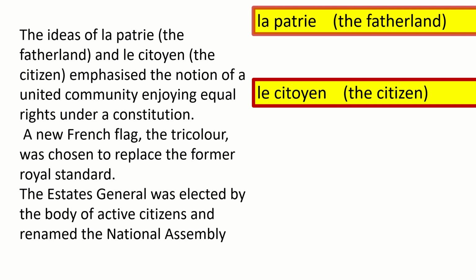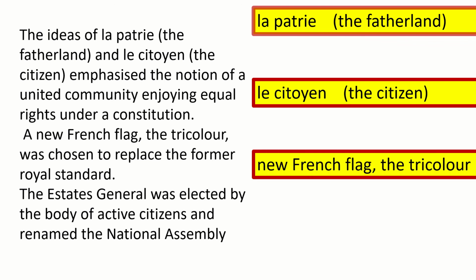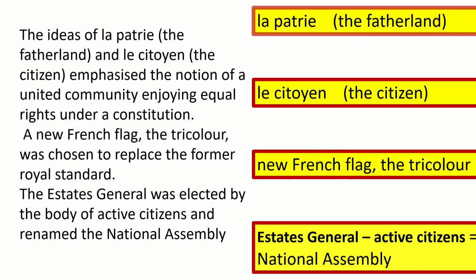A new French flag, the tricolor, was chosen to replace the former royal standard. The people all came together and removed the royal standards, flags, each and everything, and hoisted a new French flag with the tricolors. The Estates General was elected by the body of active citizens and renamed the National Assembly. Before that, there was no National Assembly.